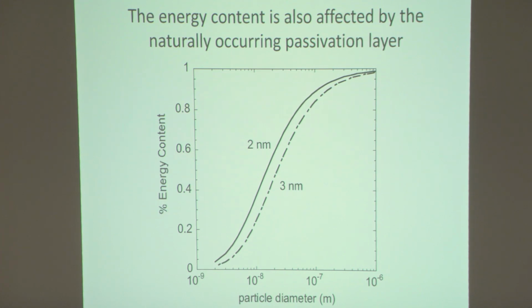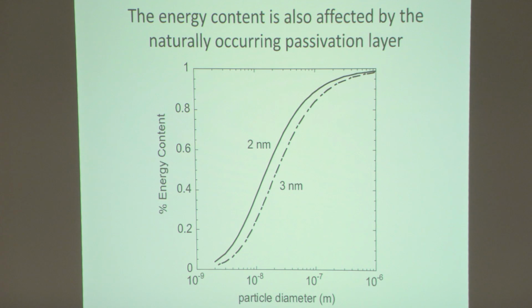But because I have a lot of aluminum around in the ladder, the heat release of that reaction quickly conducts into the ladder and you don't know it, okay? But in the case of smaller particles, that oxide layer can become significant relative to the amount of aluminum, and as a consequence, reduce the overall energy content of the particles.